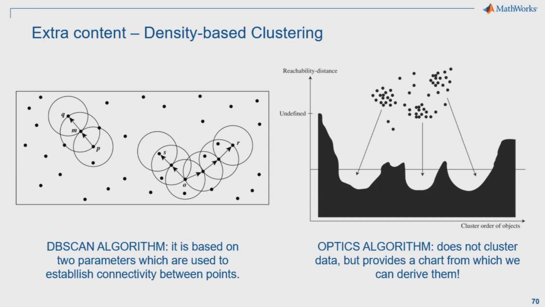In particular, OPTICS doesn't even result in a cluster separation, but it resembles more the results of hierarchical clustering methods, building this kind of diagram that you see on the right picture, in which we can relate what is called the reachability distance, which is a parameter descriptive of the connectivity of data points in the dataset, and the order in which our algorithm processes this data.